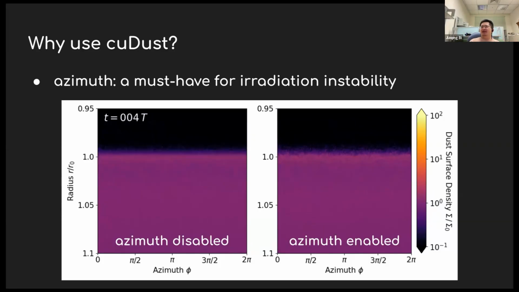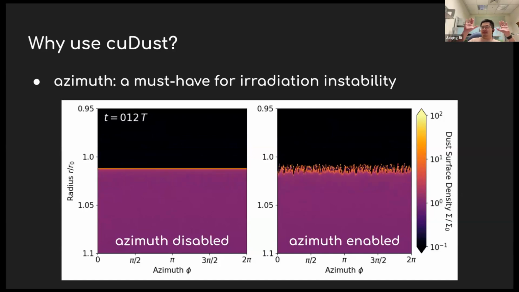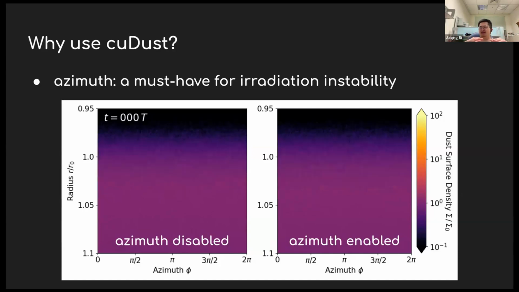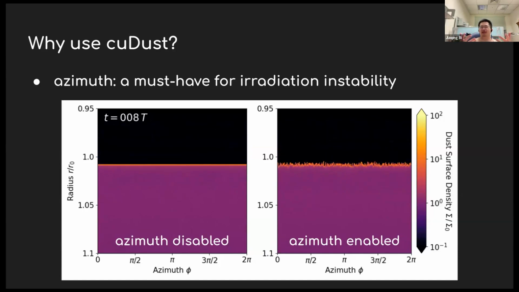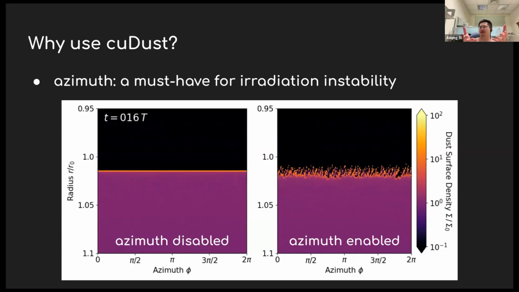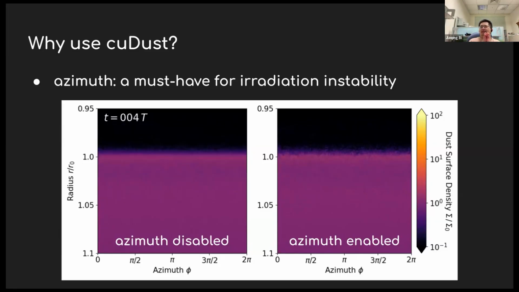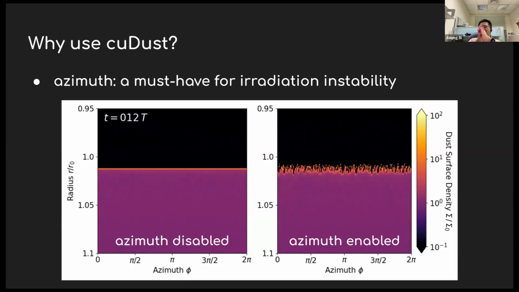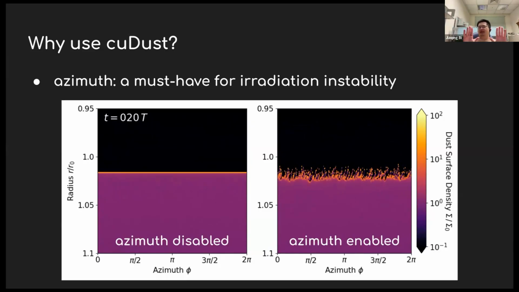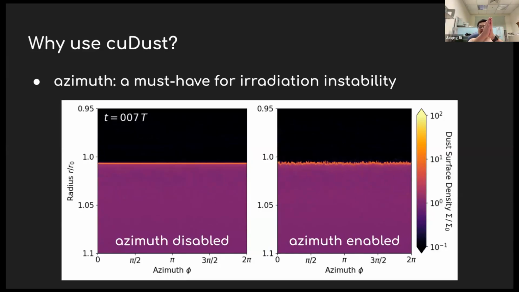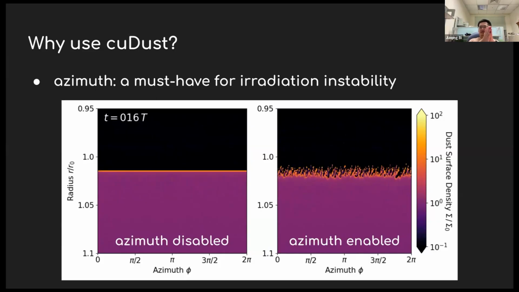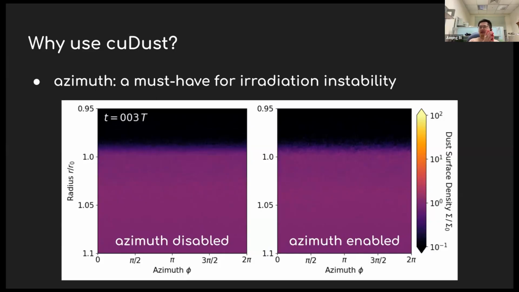Why shouldn't we use Phantom? Technically, at this stage we indeed can use Phantom to reproduce the same result, except for the efficiency, because the runtime for cuDust is really efficient.